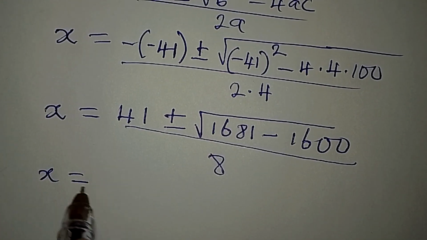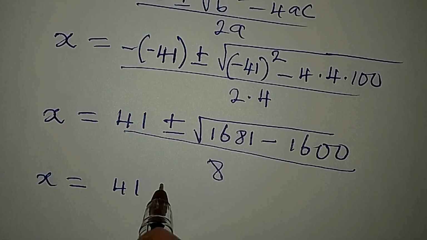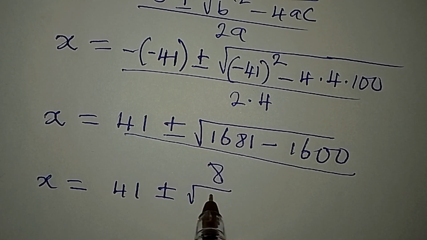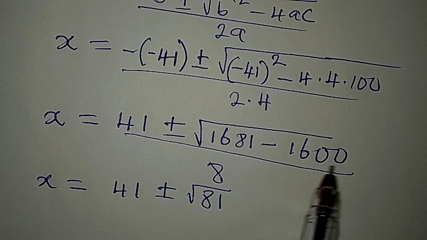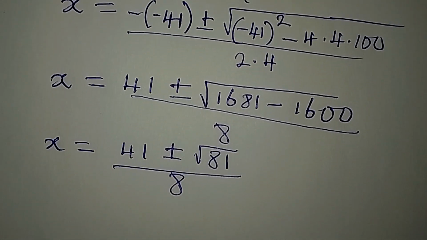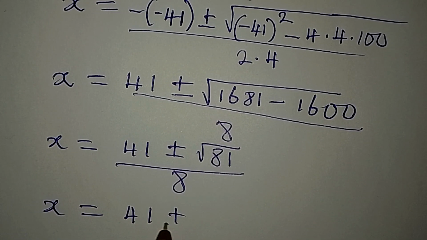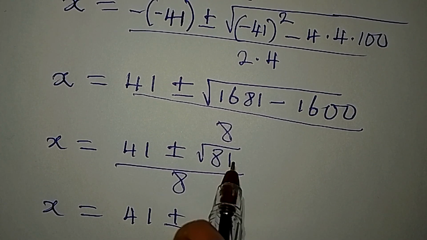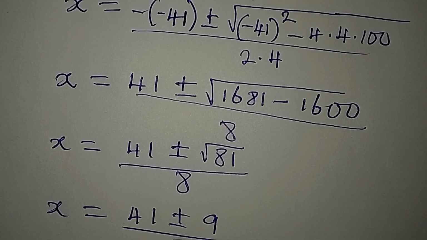X will now be equal to 41 plus or minus square root of 81. 1681 minus 1600 will give us 81, and this is over 8. To continue with this, x will be equal to 41 plus or minus square root of 81 is 9, and this is over 8.